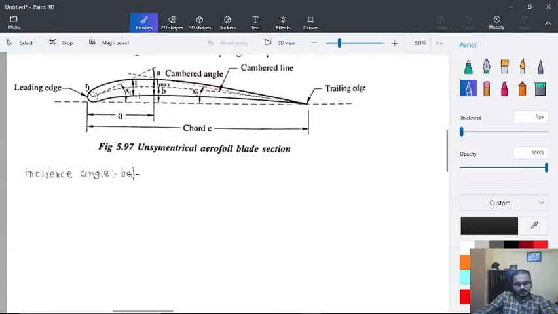It is between the direction of velocity of approach and the camber line.